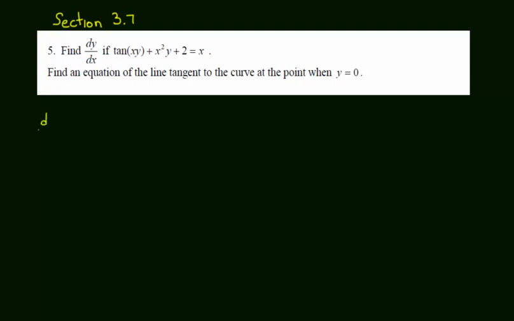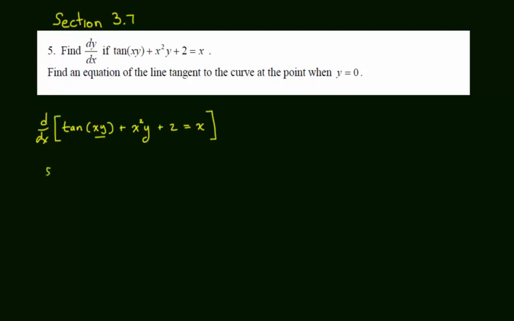I'm first going to find the derivative with respect to x of the entire relationship: tangent of xy plus x squared y plus 2 equals x. Notice this is the tangent of stuff, and within the stuff we have to do a product rule. So here we go.